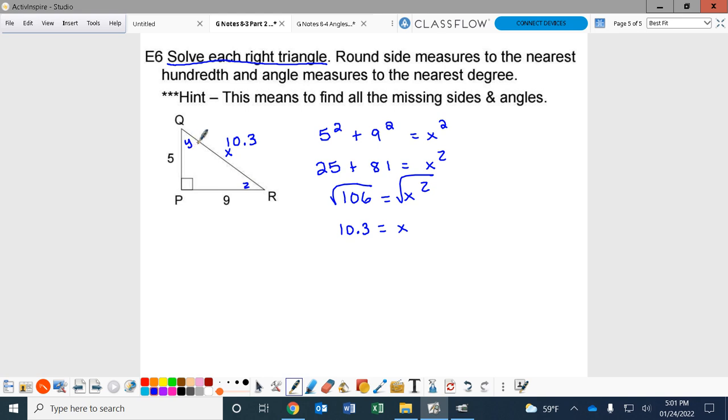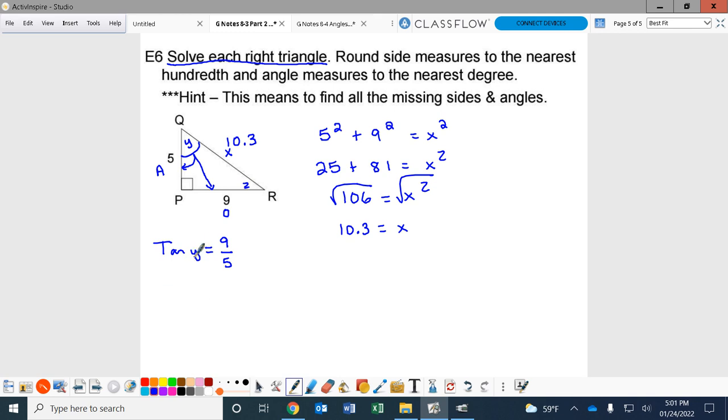Let's start with one of these angles. Let's start with y. So when I look at y, this is going to be adjacent, this is going to be opposite. So if I've got adjacent and opposite, I'm going to be dealing with tangent of y is equal to 9 over 5.